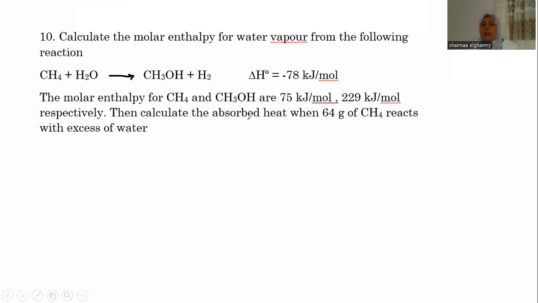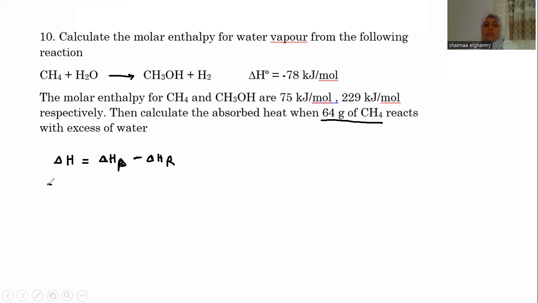Then calculate the absorbed heat when 64 grams of CH4 react with excess of water. So here we are going to calculate the molar enthalpy of water. He said that delta H for this reaction equals delta H of product, minus delta H of reactant.